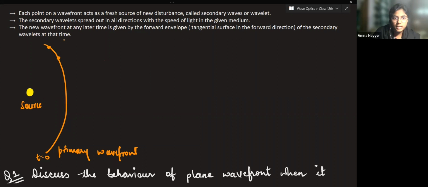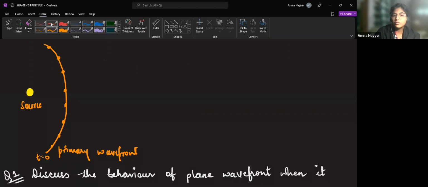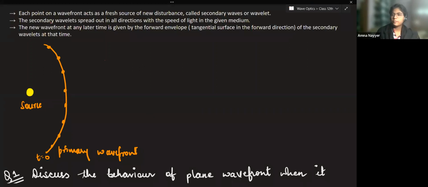Like this will act as a point source. Now this is acting as a new source. This is again acting as a new source. Any point you choose, all the points that are present are acting as new sources of disturbance. So if this is again a new point source, another spherical wavefront will be drawn around it.